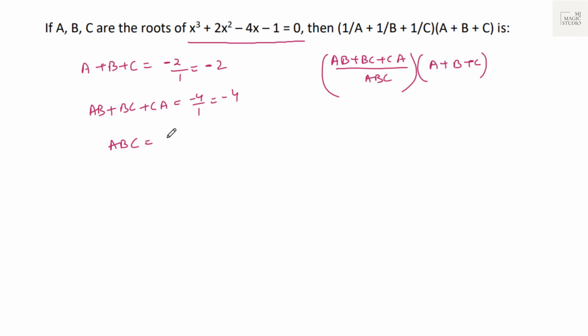Minus minus 1 will be 1. Next job is just to plug in these values in this expression. ab plus bc plus ca is minus 4 by abc is 1 into a plus b plus c is minus 2. So we are getting 8. Just type in the box given.